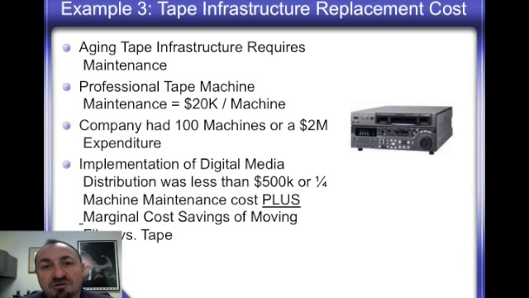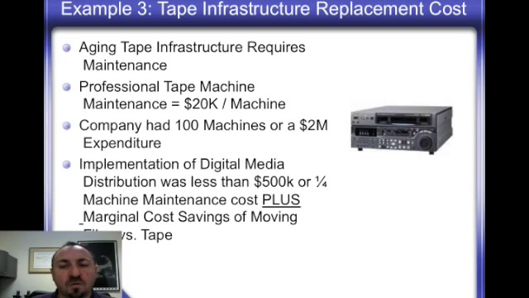And they characterized that as a Band-Aid. We're going to spend $2 million for a Band-Aid. So they took a look back and came up with a digital media distribution initiative. That's their words for it. And it was less than $500K, or essentially 1/4 of their tape investment. They had to spend a little bit on the tape machines to get some of them back operational.